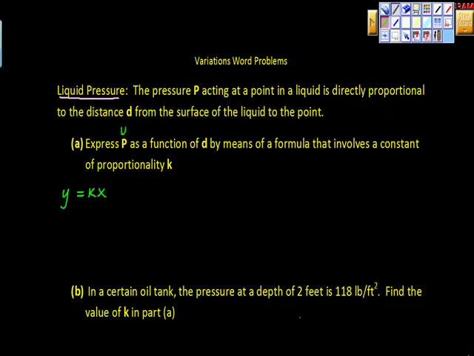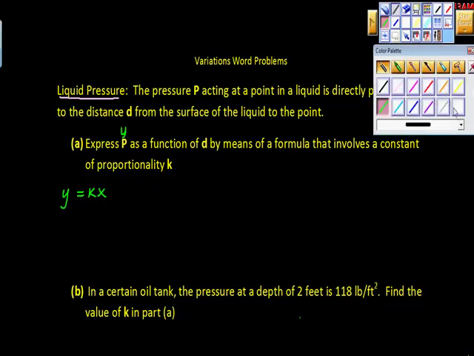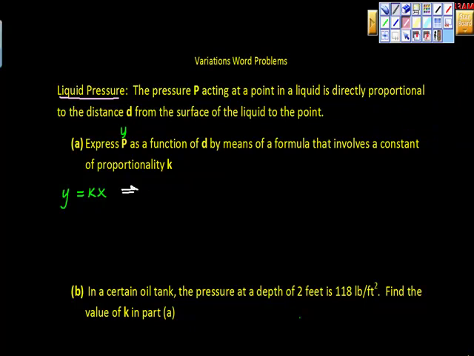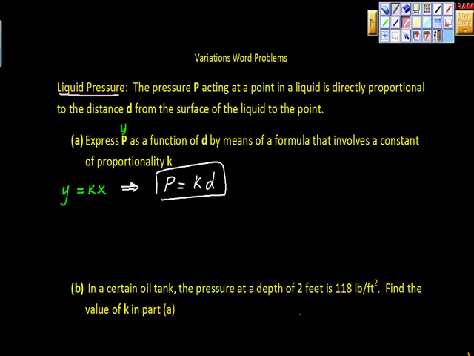So when I do my rewrite, in this specific case, this function looks like P, the pressure, is equal to k times d, where d is distance. And that's all they're asking for here, so that was a really easy part. So here's that more specific form.